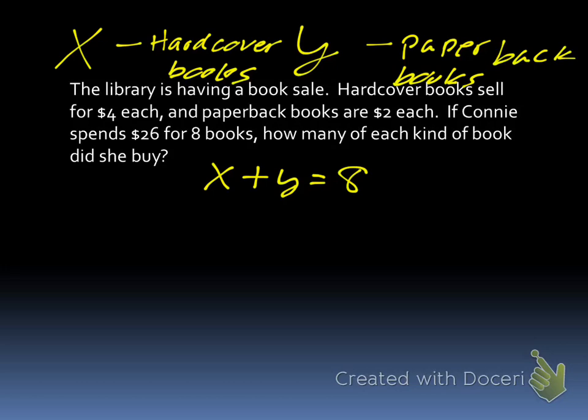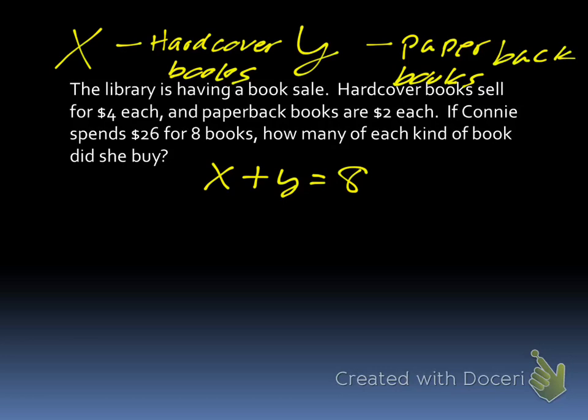Let's just say hardcover books. If she bought 1, how much did she spend? $4. If she bought 2, how much? $8. If she bought 3, how much? $12. What am I doing? Multiplying. 4 times however many books. Now, do we know what kind of books? We know what kind, hardcover. Do we know how many she bought?